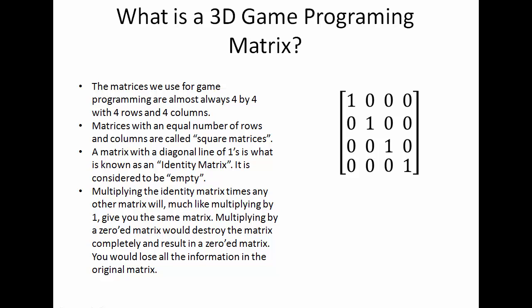Multiplying the identity matrix times any other matrix will, much like multiplying by 1, give you the same matrix. Multiplying by a zeroed matrix will destroy the matrix completely and result in a zeroed matrix. You would lose all the information in the original matrix.